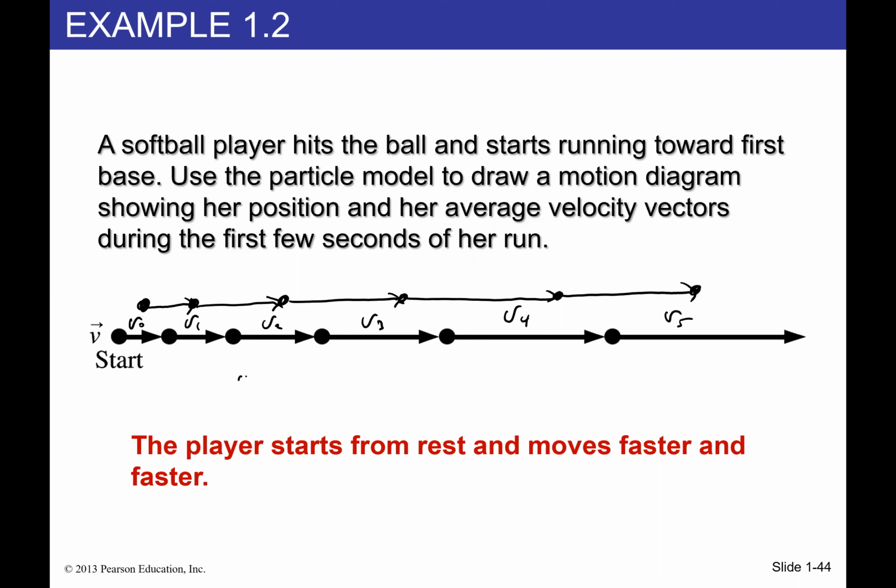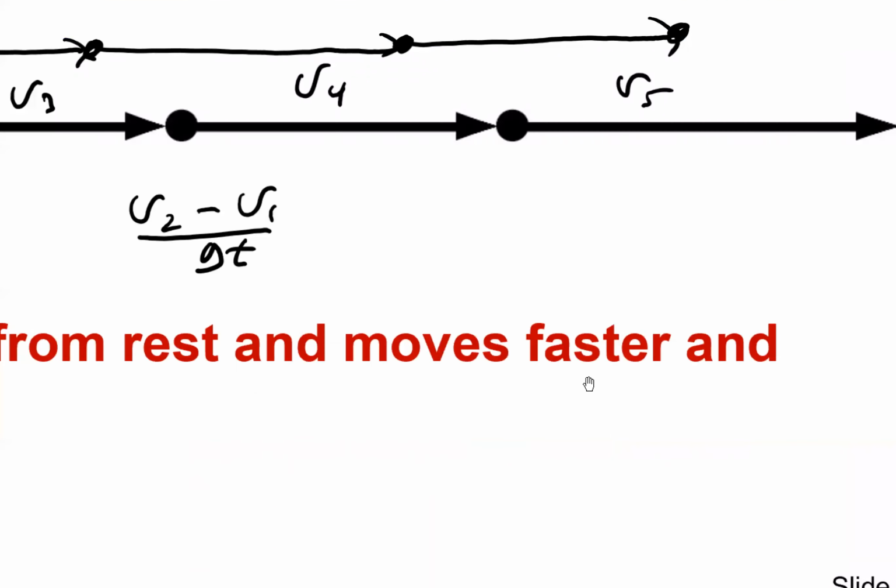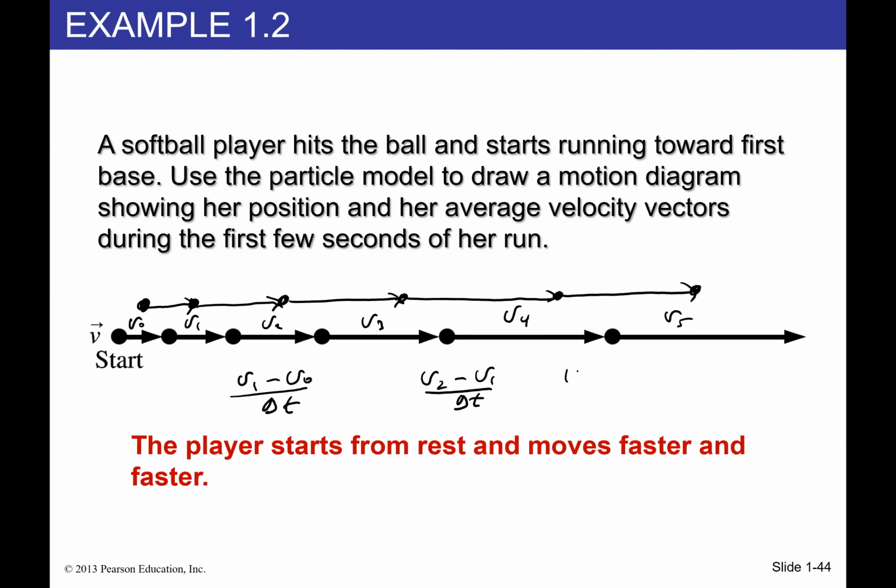That means I can look at V1 minus V0 over delta t, or V2 minus V1 over delta t. Remember, the time intervals are the same. But then one of the things we can see is that this ratio, V3 minus V2 over delta t, we're going to get a non-zero ratio, because V1 and V0 are not the same. V2 and V1 are not the same, right? So this is longer than that. This one is longer than that.